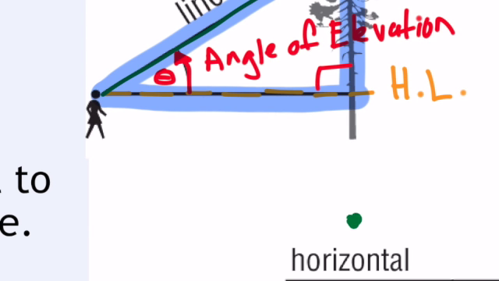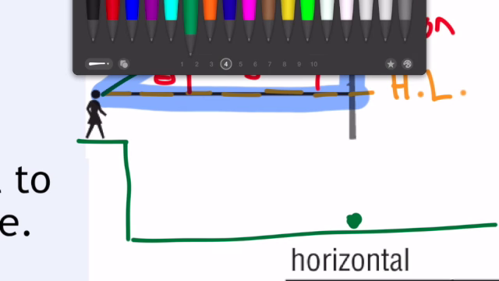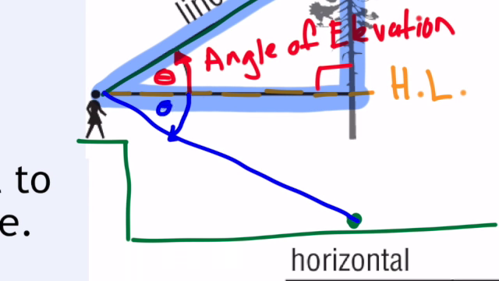Maybe there's a cliff where this person is standing. So the angle of depression is going to be the angle created by the horizontal line and a line of sight going below that horizontal line. So this angle right here would be the angle of depression.